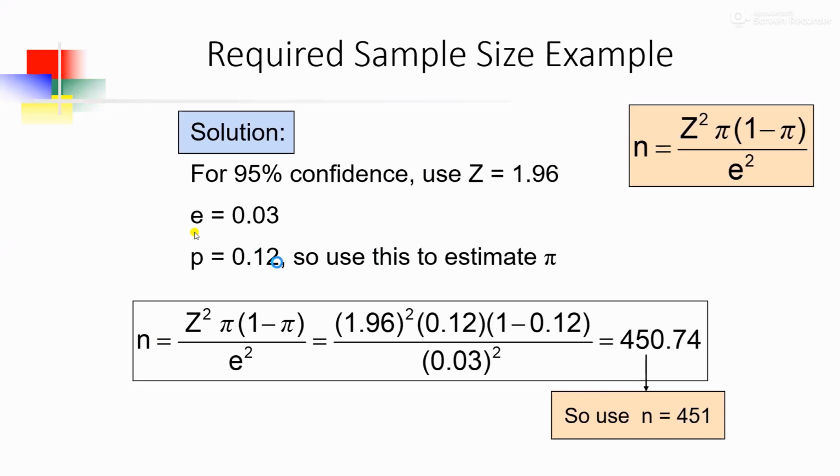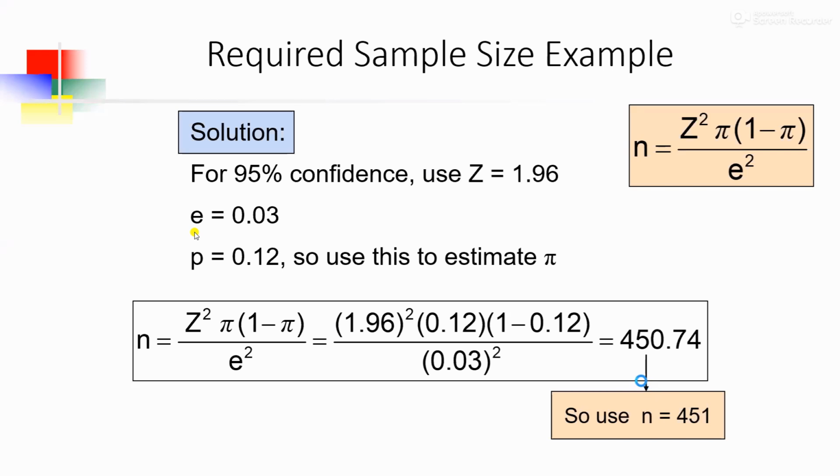So we use this as our estimate π. Then by substituting in this formula, we get 450.74. So the sample size we have to use to construct a confidence interval to estimate this population proportion is 451. We have to select 451 samples, right?